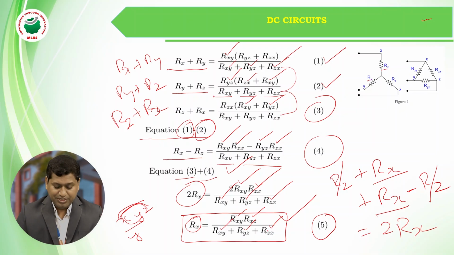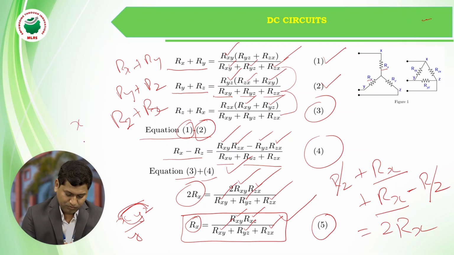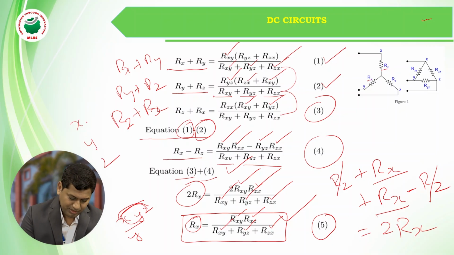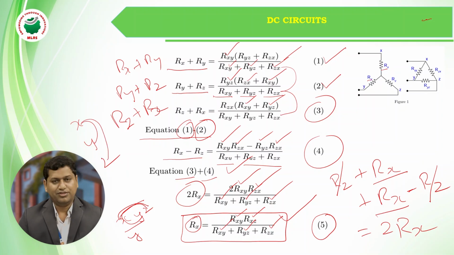If you see this equation, we have the x, y, z combination. As I am talking about Rx, x will be in combination with y and x will be in combination with z. That's why in the numerator we see Rxy multiplied by Rxz. The denominator is Rxy plus Ryz plus Rzx.